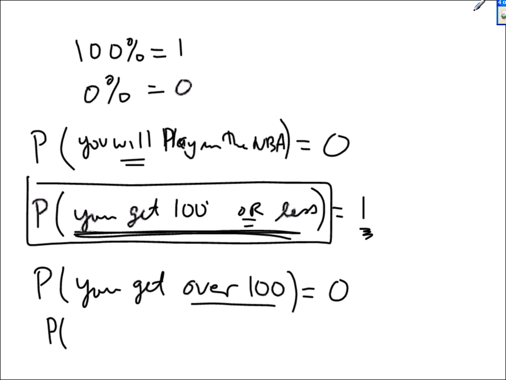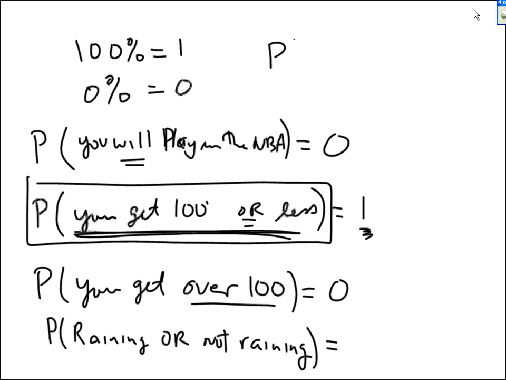What's the probability that right now it's raining or not raining? Probability can also be a percentage. If the probability of some event is 3/4, it doesn't matter what it is.